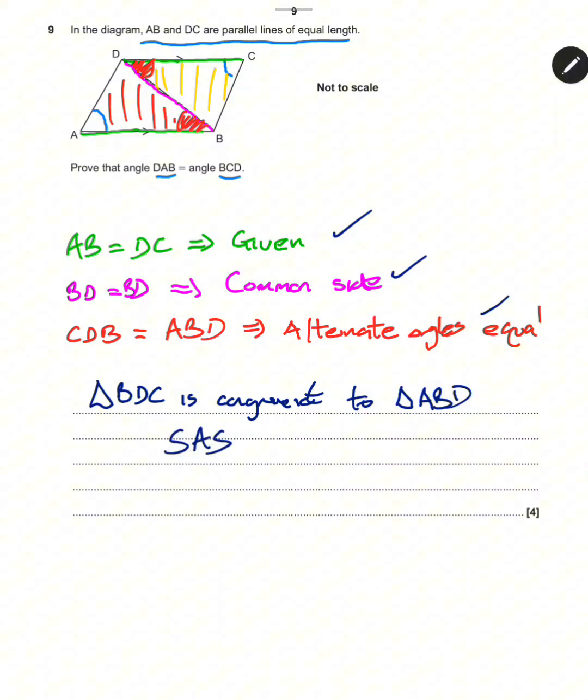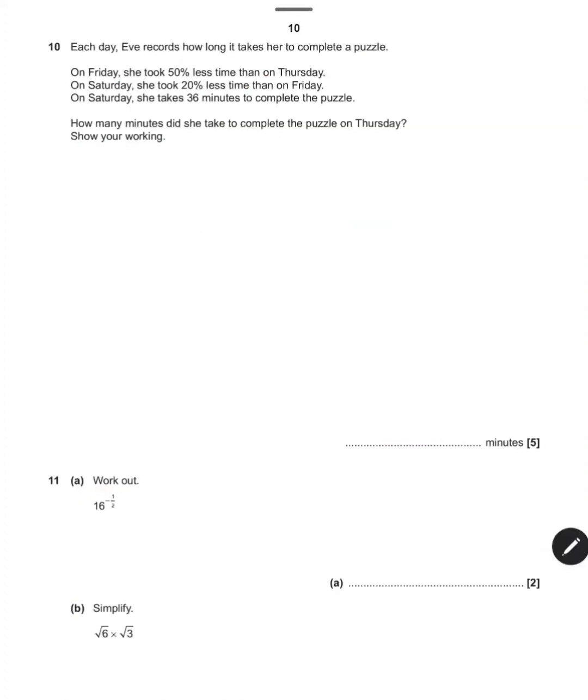And if you've got congruent triangles, then automatically those angles match each other. They're the same angle. So we can just finish the proof by saying that. Therefore, DAB equals BCD.